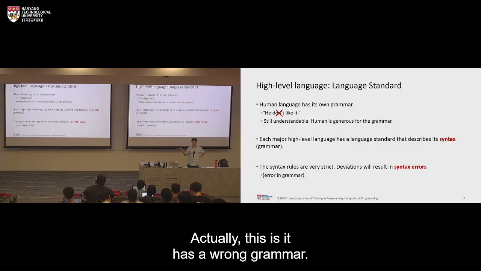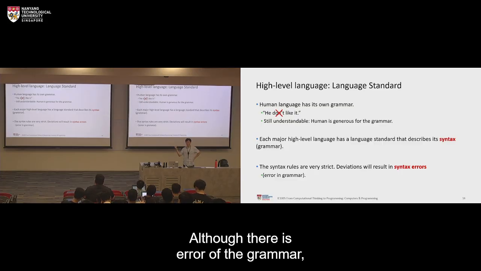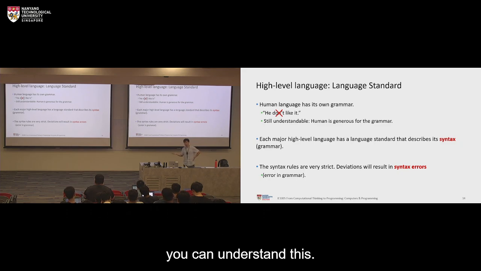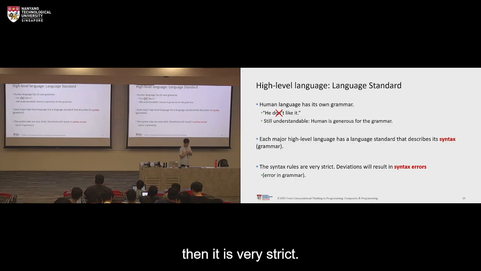Actually, this is wrong. It has wrong grammar, right? But you still understand it. Although there is a grammar error, you can understand this. But if you have this kind of grammar error in a computer programming language, then it is very strict. You cannot translate it to machine language.